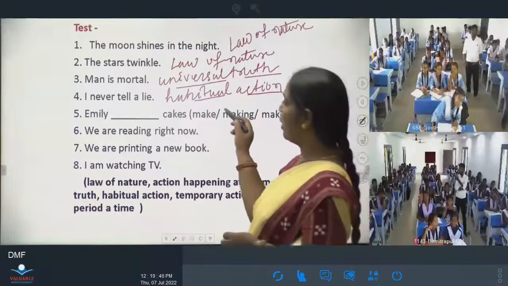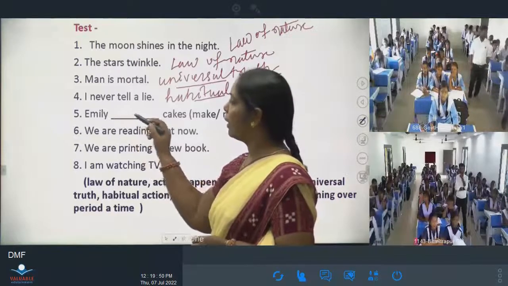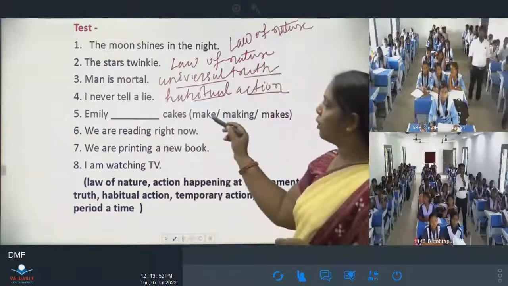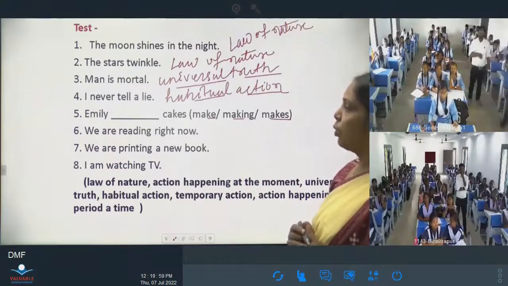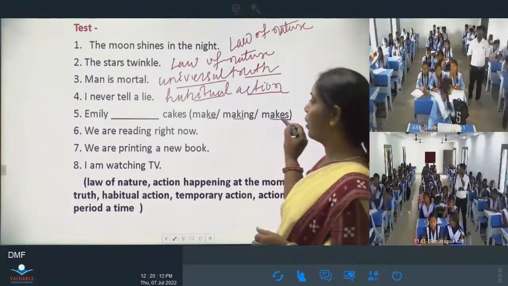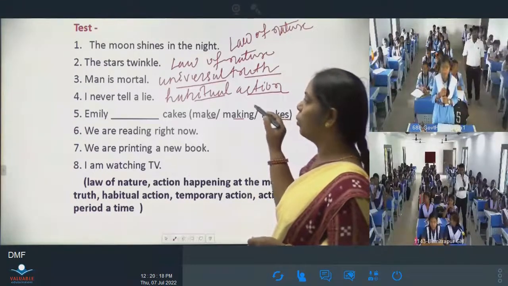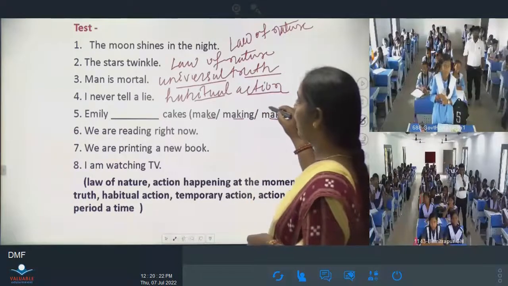Now the answer is in the bracket against the sentence. Emily makes cakes. There are three options here: make, making, makes. Which one is the right one? Makes is the right answer here. Why?